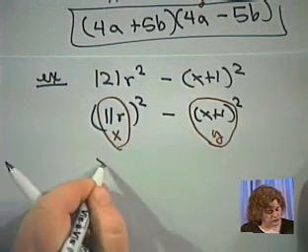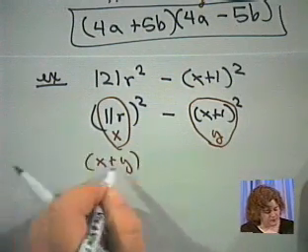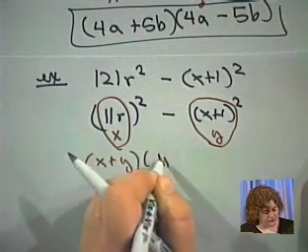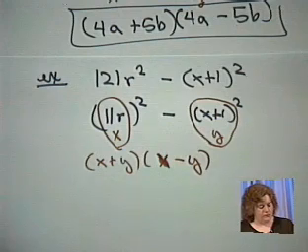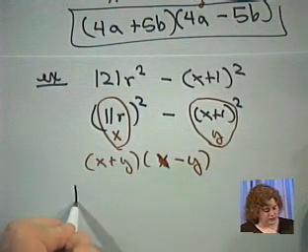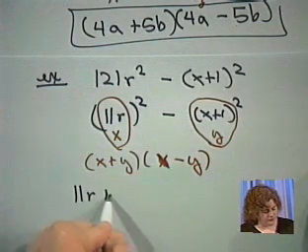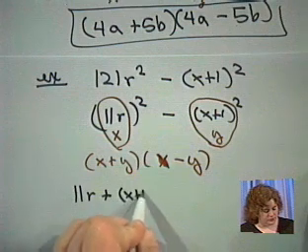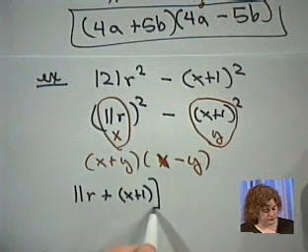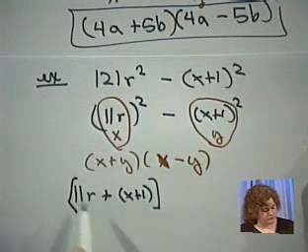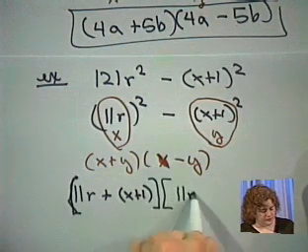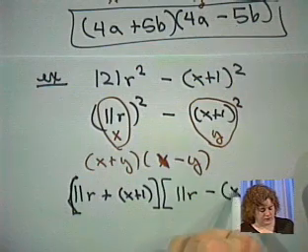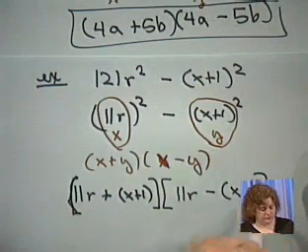Let me just write out to remind, x plus y times x minus y. Well, that then will be an 11r plus x plus 1 times 11r minus x plus 1.